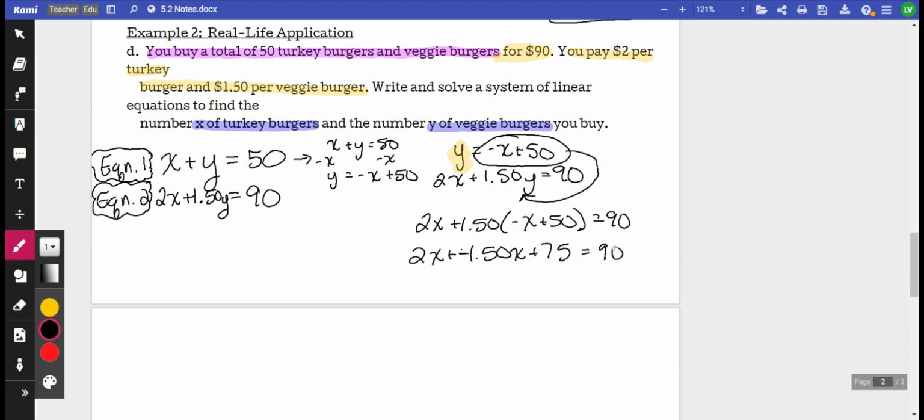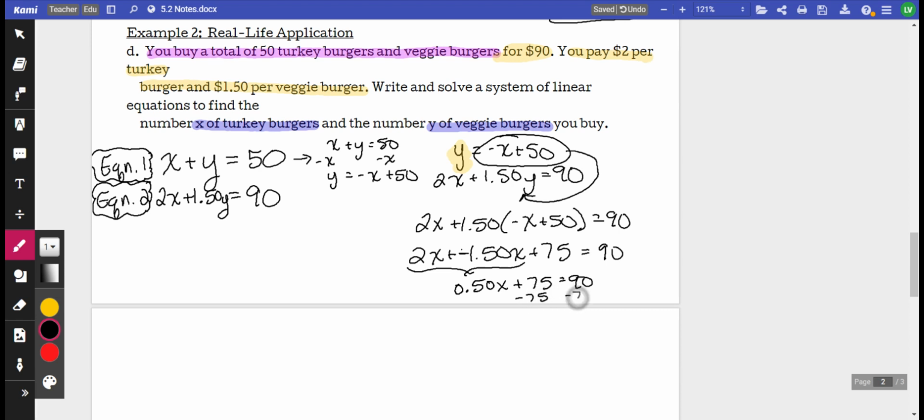Equals 90. So combining my like terms on the left side, 2x plus negative 1.5x gives me 50 hundredths x plus 75 equals 90.